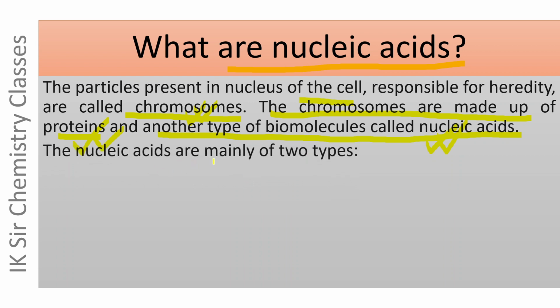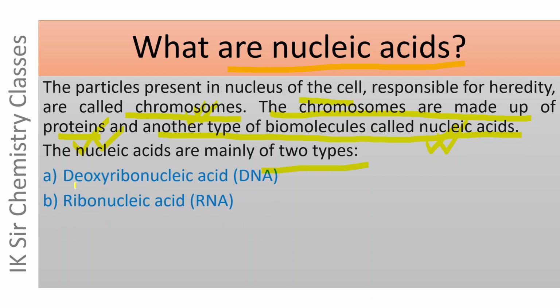The nucleic acids are mainly of two types, and these are deoxyribonucleic acid, which is abbreviated as DNA, and ribonucleic acid, which is abbreviated as RNA. Thus, nucleic acids are of two types, DNA and RNA.